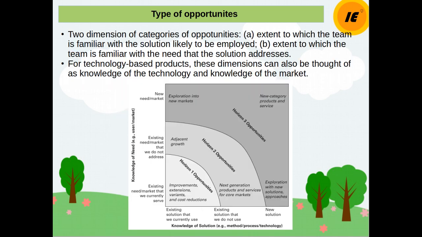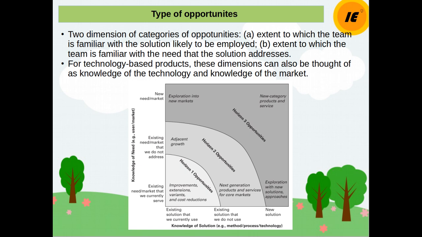Now, to give you some idea about the types of opportunities. In a simple qualitative sense, one can think about the various categories of opportunity in terms of two dimensions. One is basically knowledge of solution and the knowledge of need.